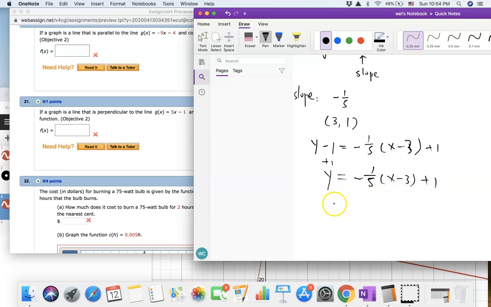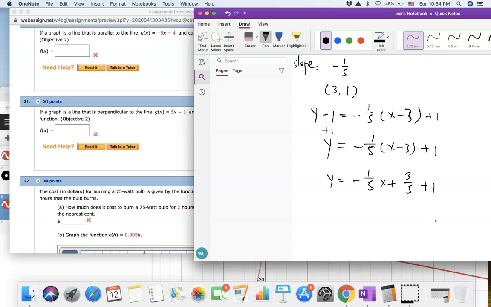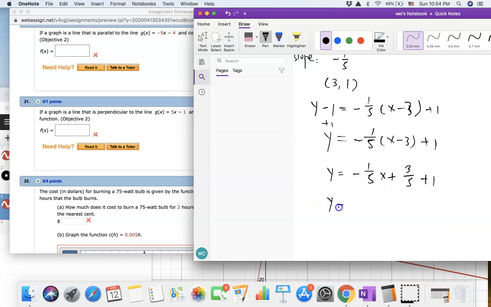Or we can simplify: y equals -1/5 x plus 3/5 plus 1, and y equals -1/5 x plus 3/5 plus 5/5, which is 8/5.